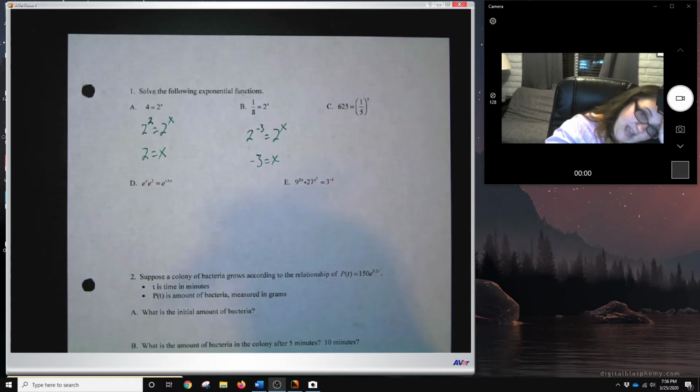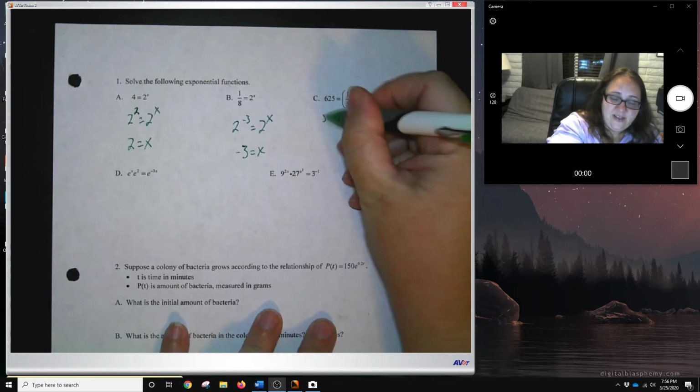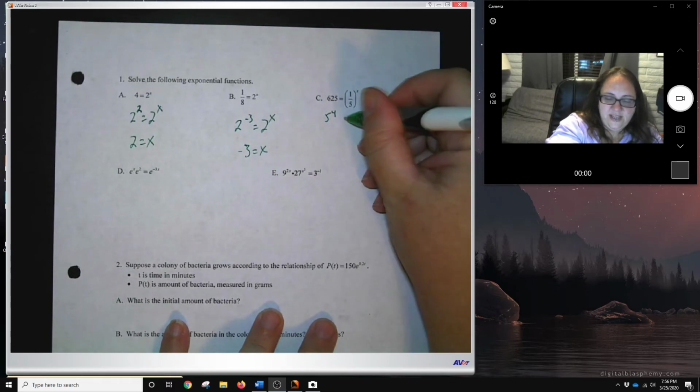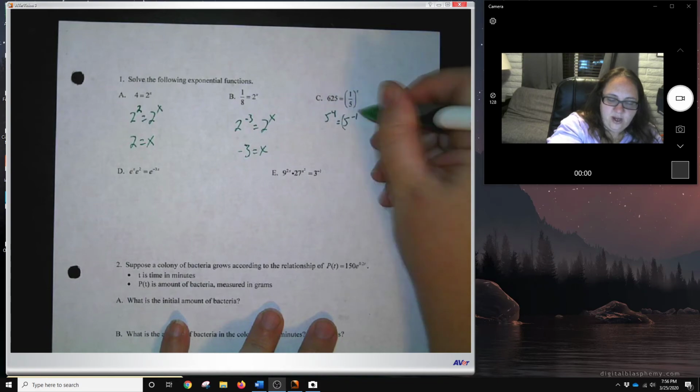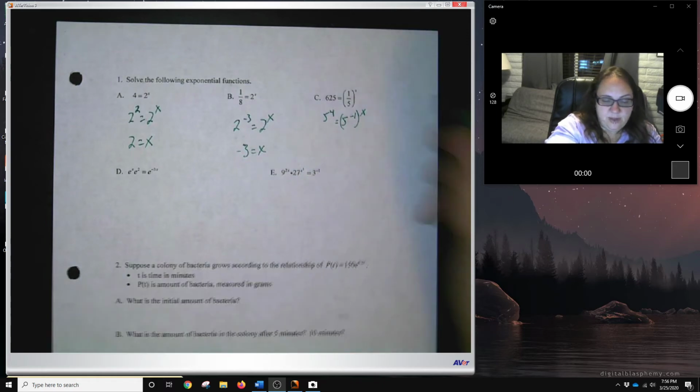Now, a lot of times we're going to have to change both sides so that they have the same base. So here I can rewrite both 625 and 1/5 so that they are in base 5. 625 is 5 to the 4th, and 1/5 is 5 to the -1. Our rule for exponents is if we have a power to a power, we multiply.